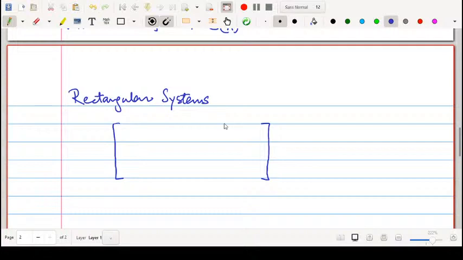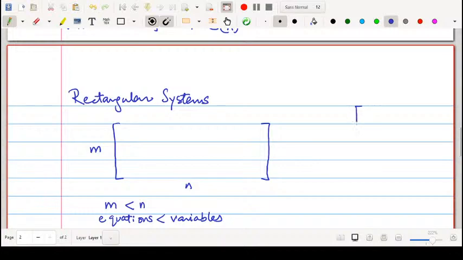So let's say these were the rows and these were the columns. In this case, I'm saying m is less than n, right? So maybe you have 3 rows, but 10 columns. m is the number of equations, so the equations are fewer than the variables. You have more variables to solve for and just a few equations to satisfy.